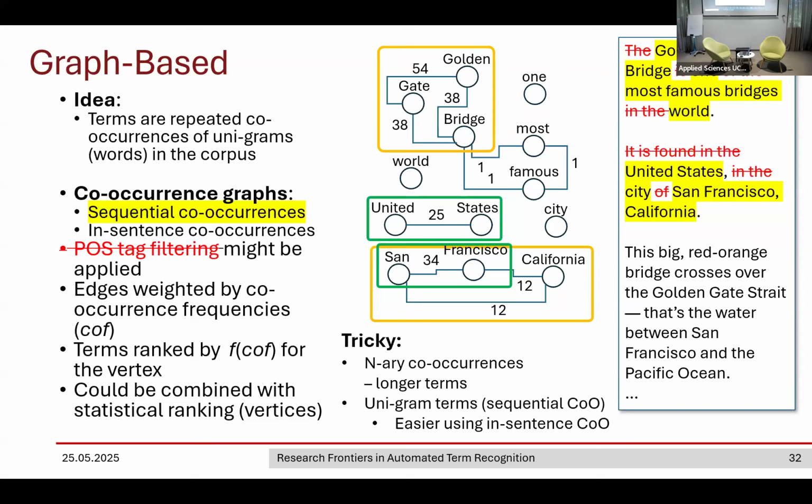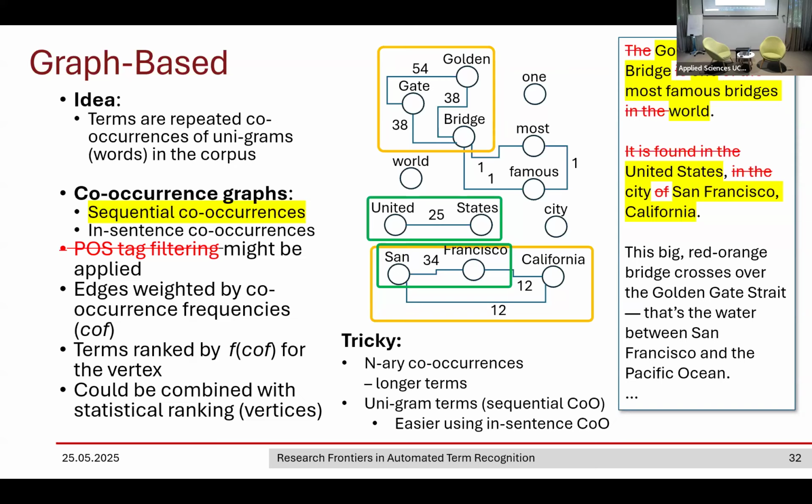POS-tag filtering might be applied, like here, to remove the junk just before you start building the graph, to make it less computationally intensive. And the edges are weighted by co-occurrence frequencies, terms ranked by a function of co-occurrence frequency for the vertex, and could be combined with statistical ranking for the vertices, in fact.